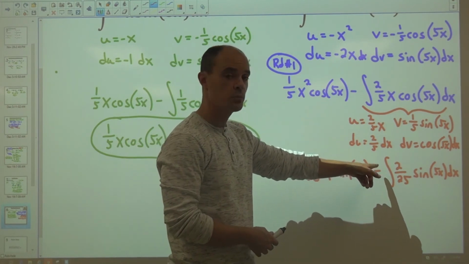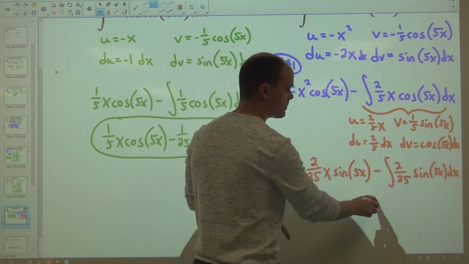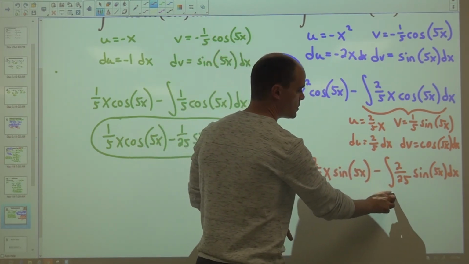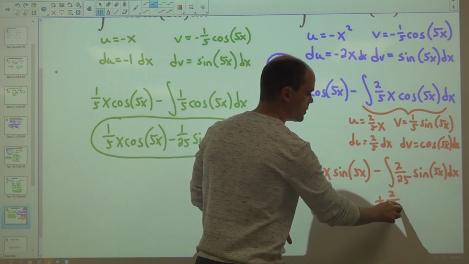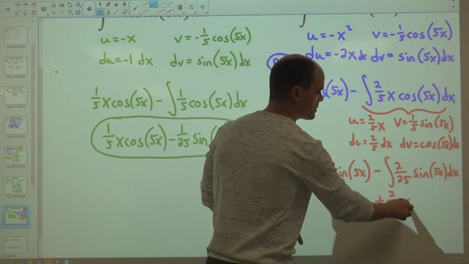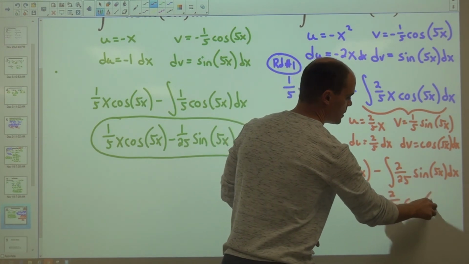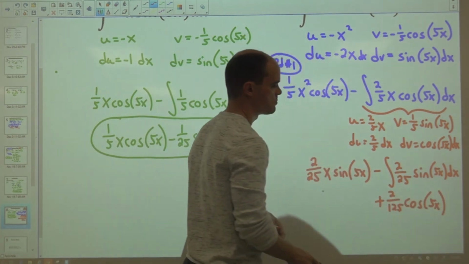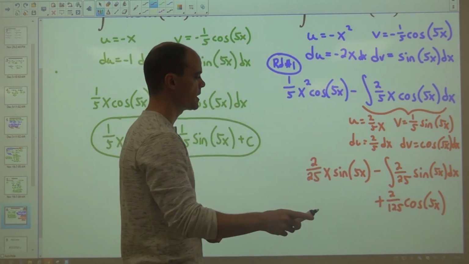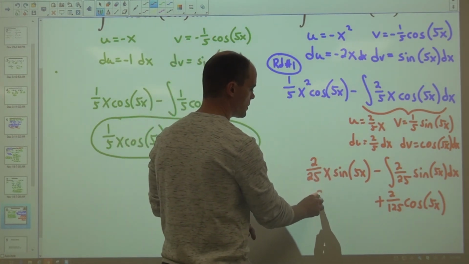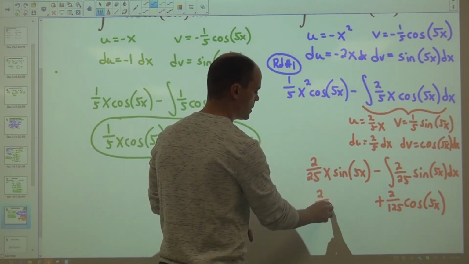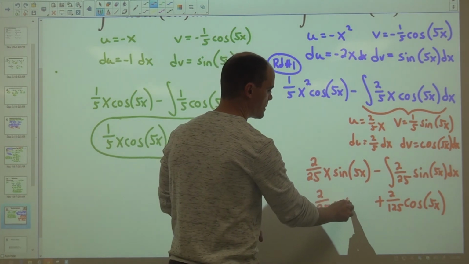So this is going to become plus. So I end up with plus 2 over 125 cosine of 5x. We'll deal with the plus c in a second. This is going to come along for the ride, but we are not finished with this nightmare yet.